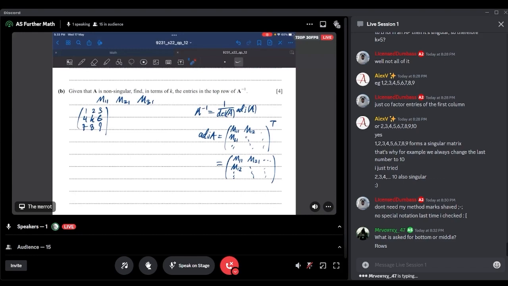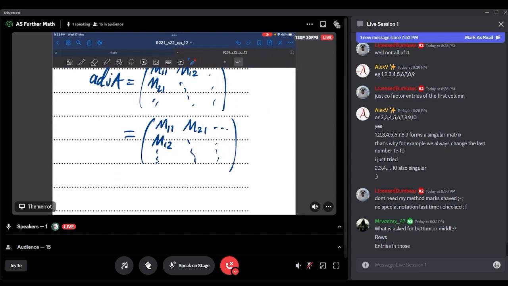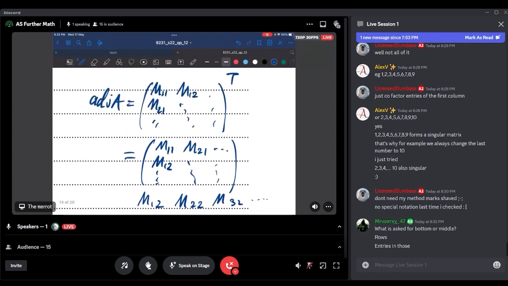So it's M12, M22, M32, and so on. Basically, you just use the adjoint matrix and see what you need to find. In our case, we went for the top row, so we take this one. If you're in the middle row, then we take this one. Bottom row, then take the very last row. Okay? That's how you do it.